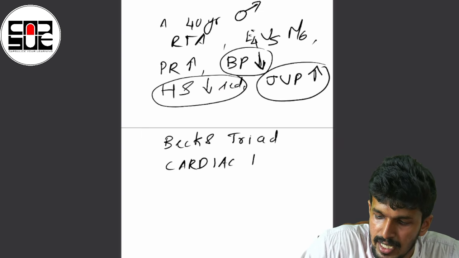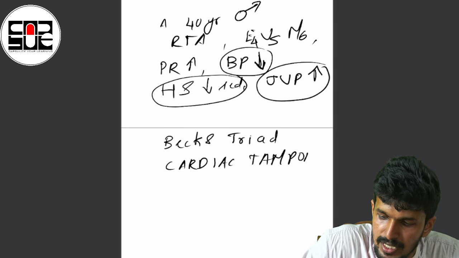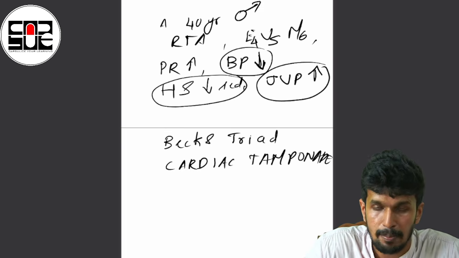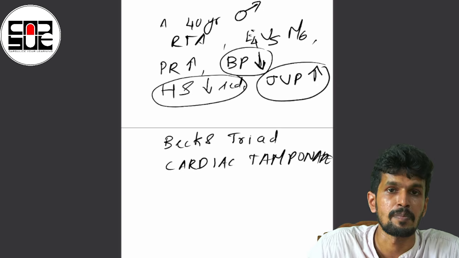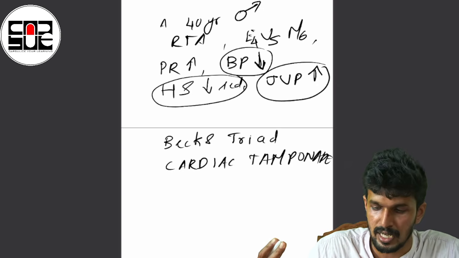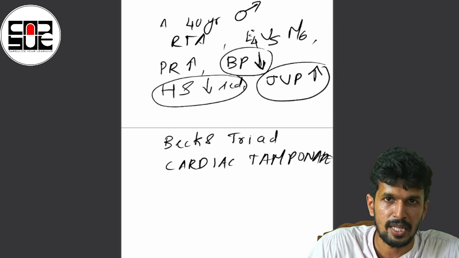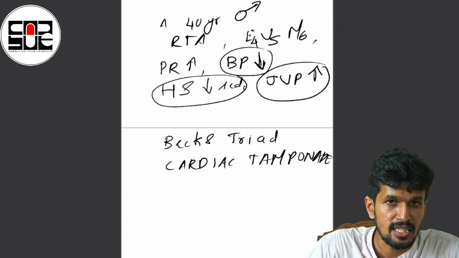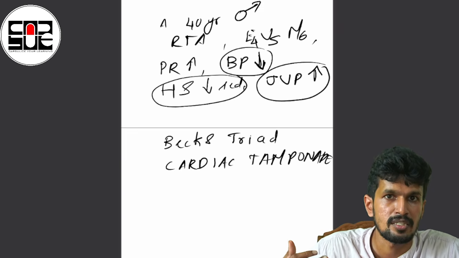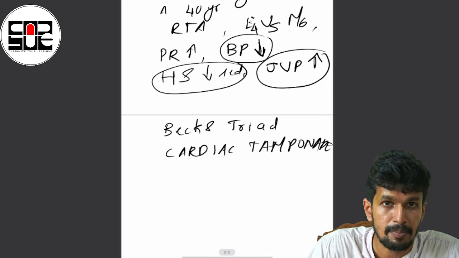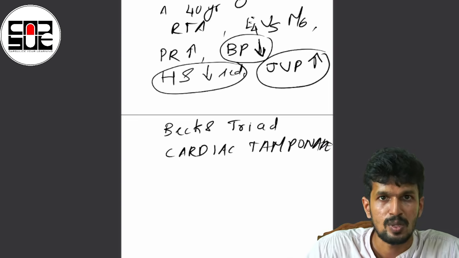What happens in cardiac tamponade? If the patient presents with cardiac tamponade and is in shock, it needs to be dealt with emergency pericardiocentesis. That is a very significant, life-threatening condition following a significant road traffic accident; if not intervened at the right time, the patient can go into death.